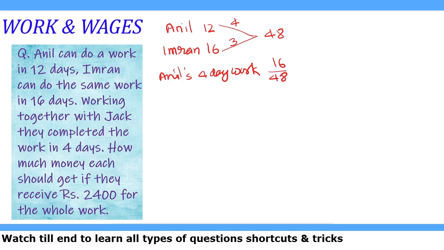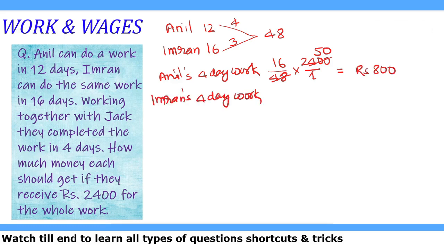So he should get for 16 parts out of 48 parts. So 16 divided by 48 multiplied by 2400, and 48 divides 2400 for 50 times. So Anil's share is 16 multiplied by 50, which is rupees 800. Imran's 4-day work, as Imran is doing 3 parts of the work every day, so he completes 12 parts out of 48 parts.